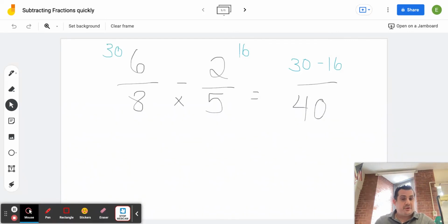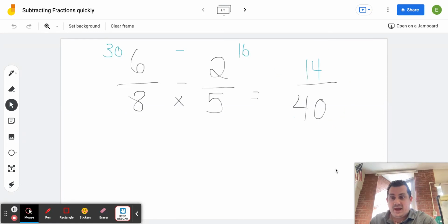Now, what is 30 minus 16? 30 minus 16 is 14. So your answer is going to be 14 over 40.